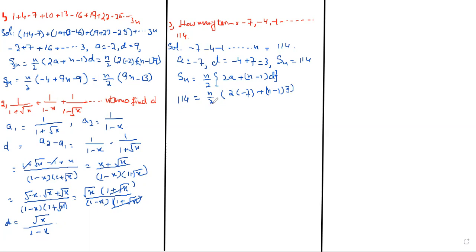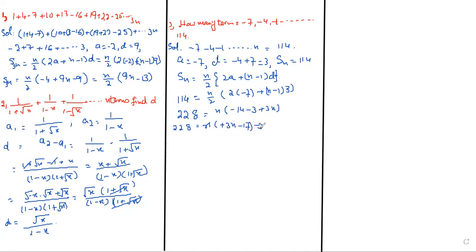So take this 2 to that side, it will become 228 equals n times (n minus 14) minus 3 plus 3. So 228 equals n times (n minus 17) plus 3.